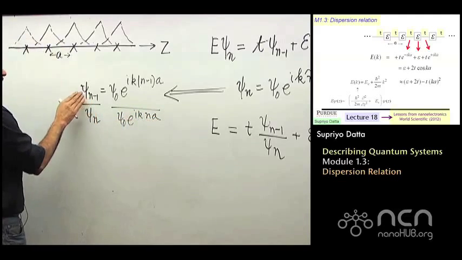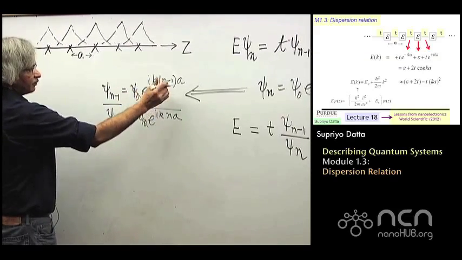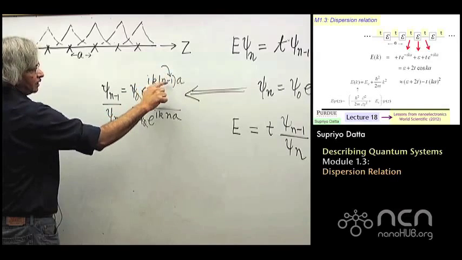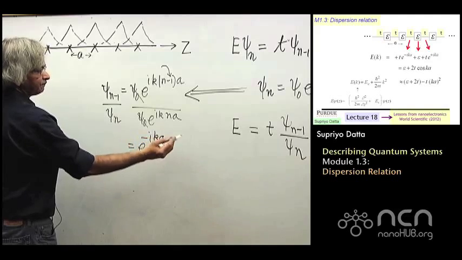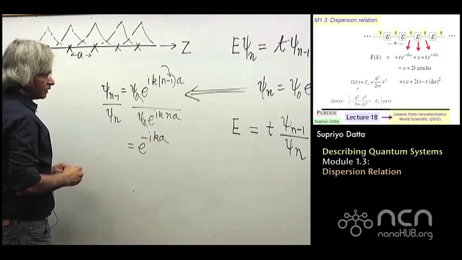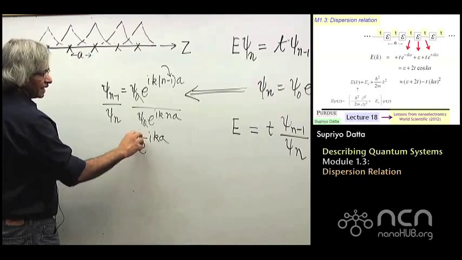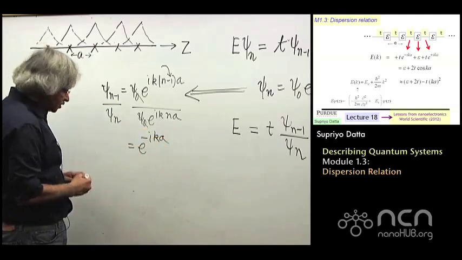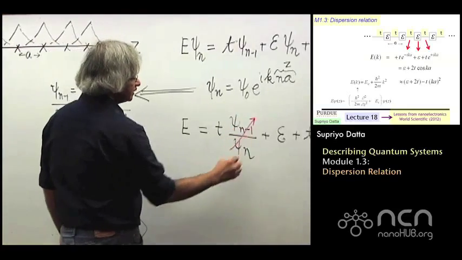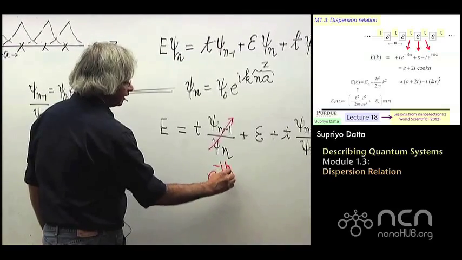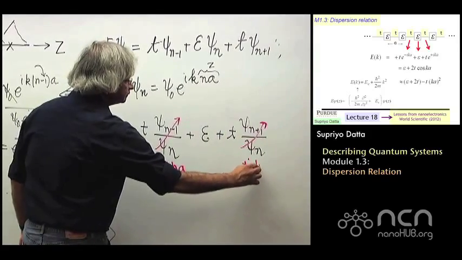So when I divide psi n minus 1 by psi n, everything cancels except for e to the power minus i k a. Similarly, if I did psi n plus 1 divided by psi n, I'd get e to the power plus i k a.